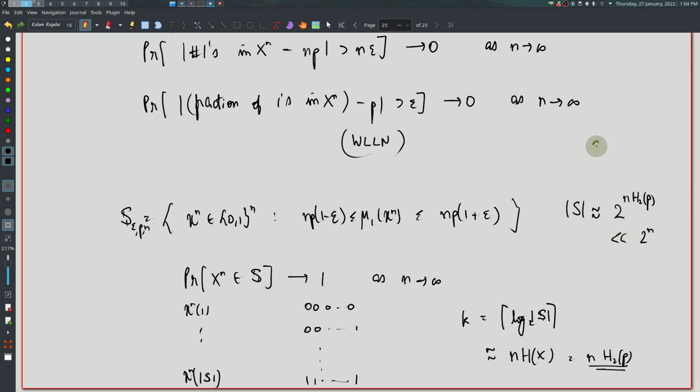In fact, you're discarding 2 to the n minus 2 to the nH2(P) sequences. You're only keeping 2 to the nH2(P) sequences, that is those which lie in this set, and these are going to be assigned valid code words. The sequences which are not in this set, it doesn't matter what happens to those. So these are sort of the important sequences, and you know that the probability that you'll observe a sequence from this is very large.